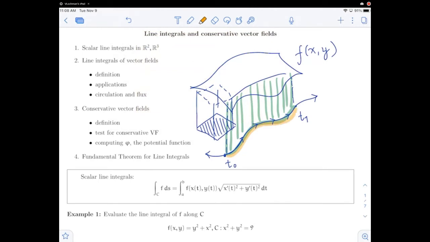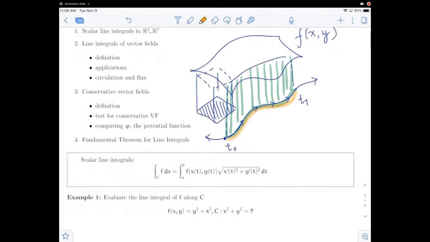So what if we were to just compute the length of this line segment? Then you can think about it as integrating one, your constant function one, over this curve, and that will give you the length. So that's like a reduced version of the line integral. It will give you exactly the same format as we've already discussed in this class and in calculus 2, computing the length of a curve.